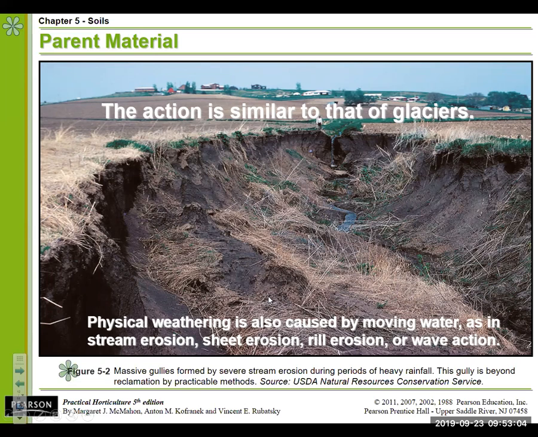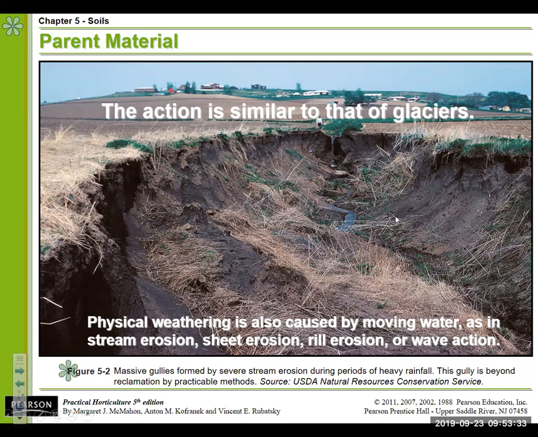But we have different types of erosion from moving water. Stream erosion, which is like what we see here, where we're getting water concentrated into a particular area. In this case, it's draining off of these agricultural fields and being channeled into this area. All that energy is concentrated, and it's causing really strong, hard stream erosion here.